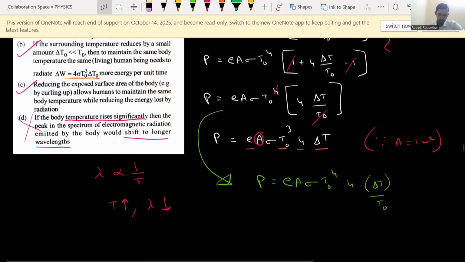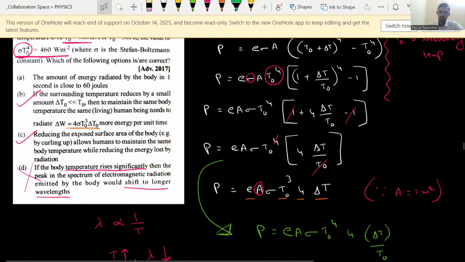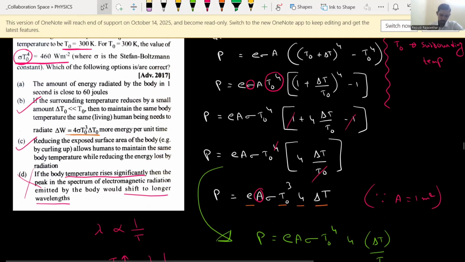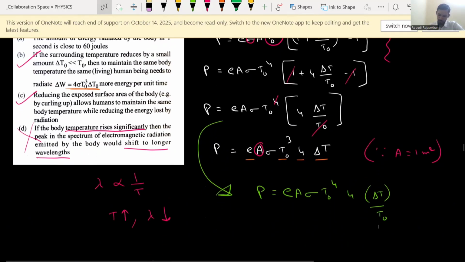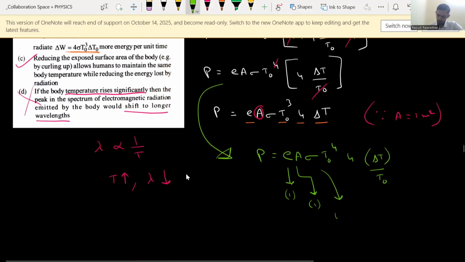Just verify, put the values here. E value becomes how much? Approximately I am taking e value as 1. So if you take e value as 1, A value is also 1. What is this? Sigma T naught power 4. In the question they mentioned sigma T naught power 4 is 460. And this 4 is a constant. What is delta T by T naught?